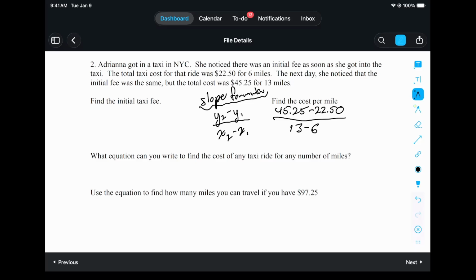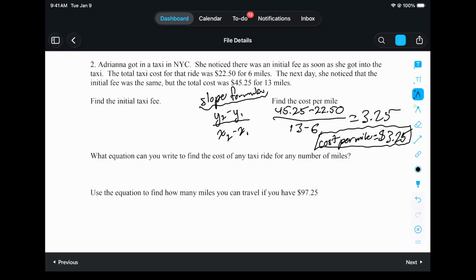So you can do this in your calculator. I already have the answer on my paper sitting right in front of me. This is going to equal 23.25 minus... which means the cost per mile is equal to $3.25. Awesome.